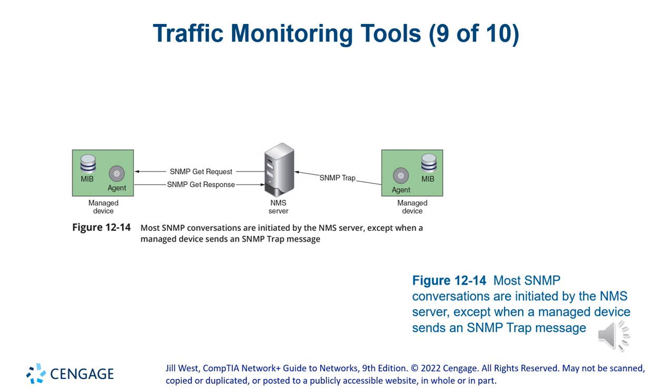Those are completely unsolicited traps. They're generated by the device. Of course, you have to configure the device with where to send those. You have to configure them with the NMS server or the collector, whoever is collecting that data, and it has to be set up as an SNMP trap receiver in order to collect those.